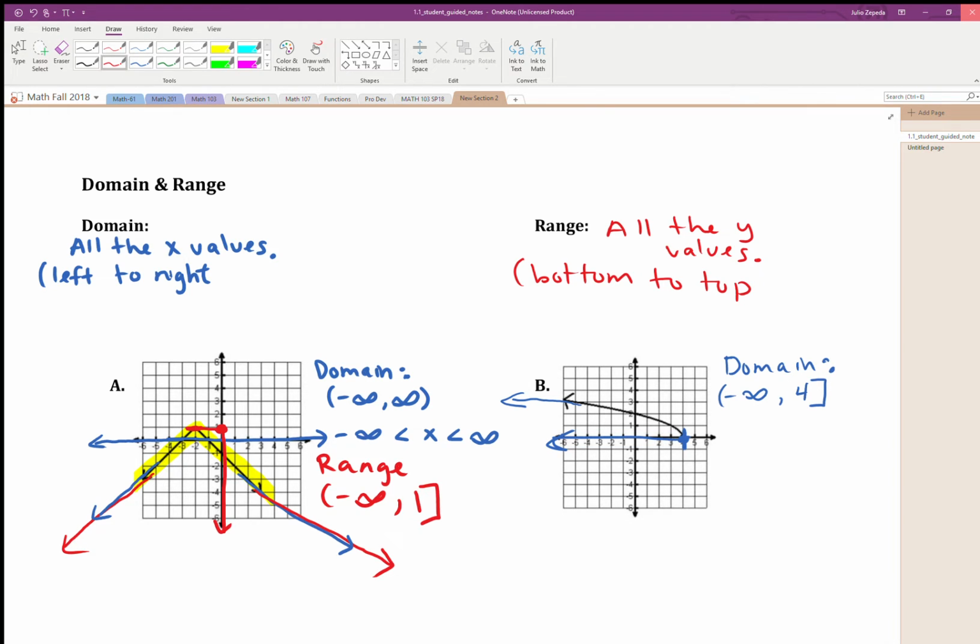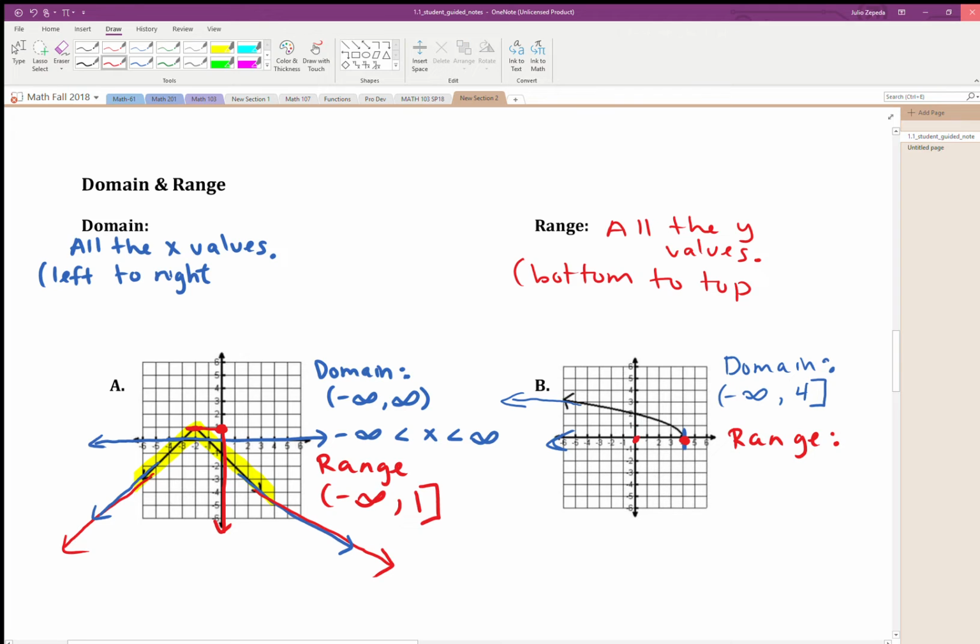Okay, and then for our range, range starts at the bottom, so I'm looking for the lowest point on the graph, which is this point right here. And if I look, where does that hit my y-axis? It's going to be right at 0. So it starts at 0.